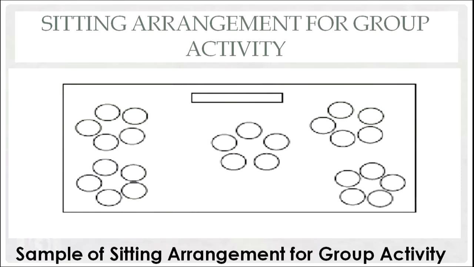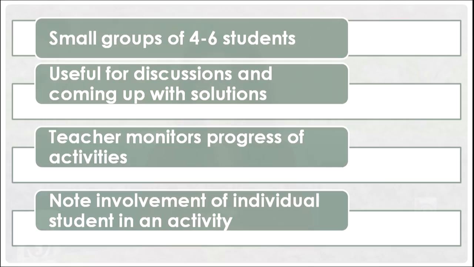Now this kind of arrangement where you form groups around the corners of the class also allows movement for you as a teacher, because when children are doing group activity, you won't merely be sitting, you will be moving around, right? Generally when we talk about group activities, we talk about a group of 4 to 6 students depending upon the strength of your class.